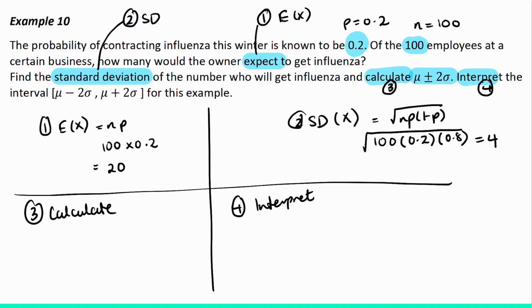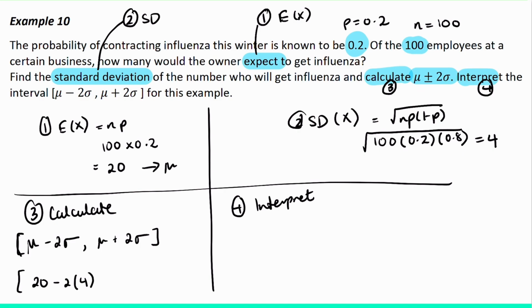Next it asks me to calculate the mean plus or minus 2 standard deviations. So we're looking for that interval. I'll do the mean minus 2 standard deviations, which gives us a square bracket, and then the mean plus 2 standard deviations. Remembering that the expected value is the mean, the mean is 20 minus 2 times the standard deviation, and then 20 plus 2 times the standard deviation.